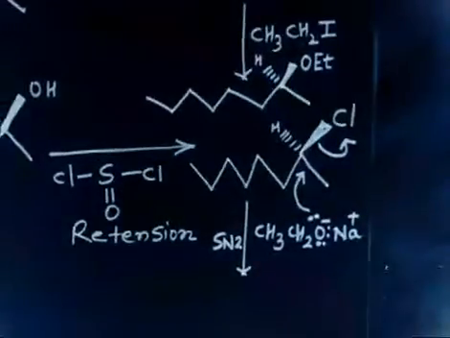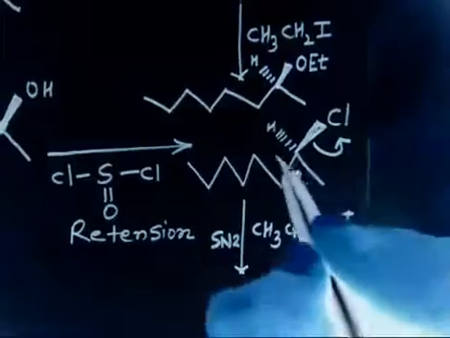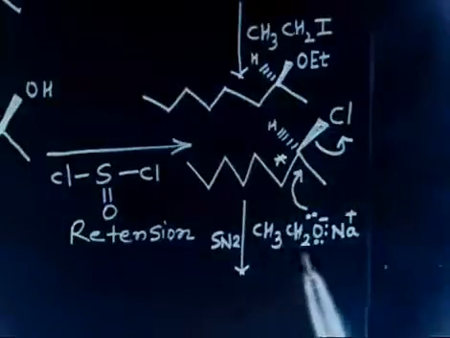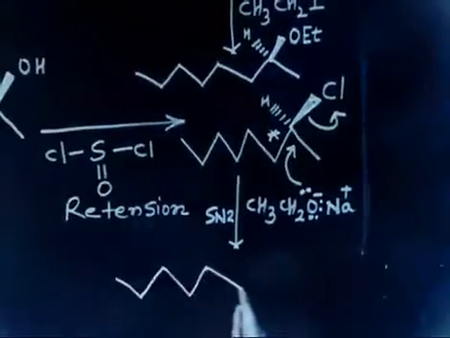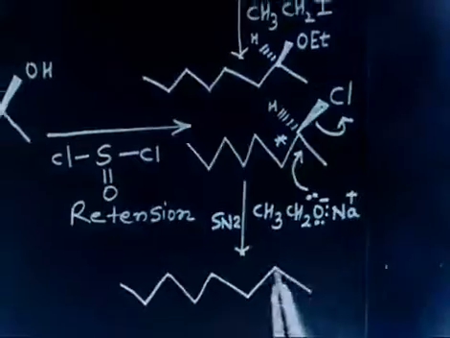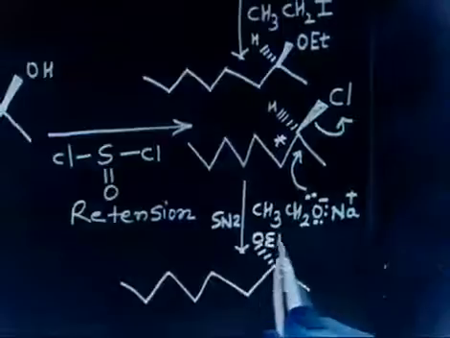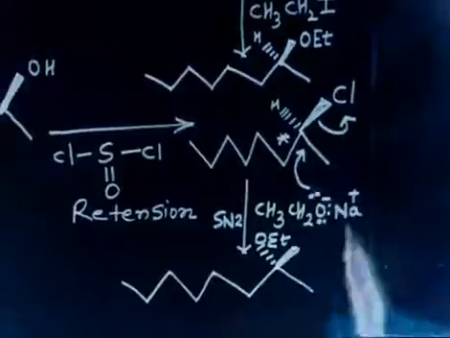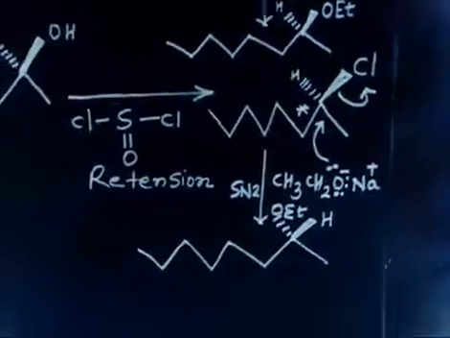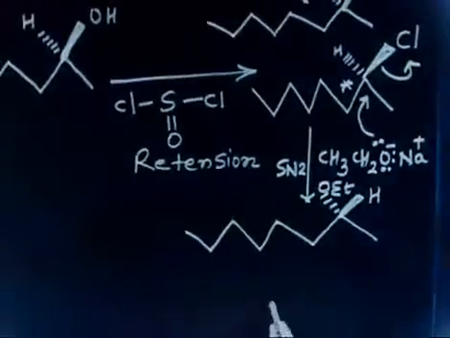So the configuration on this carbon will be changed. If I write the product, I have to remove Cl and attach the OEt group, but the configuration should reverse. Let us write the bond line diagram. Everything will be the same, only now OEt will be on the back and the hydrogen will come in the front. Are you getting? This is the product you have this time.